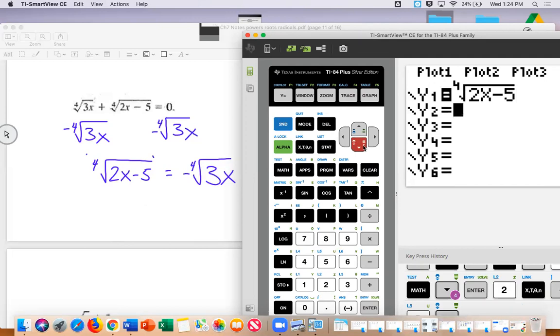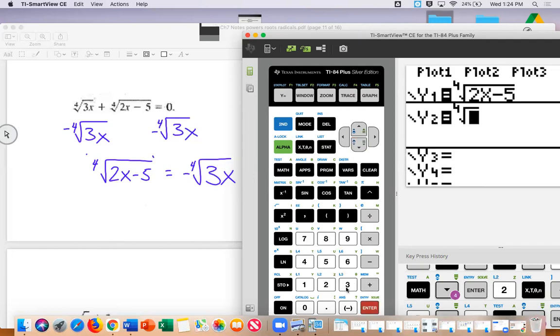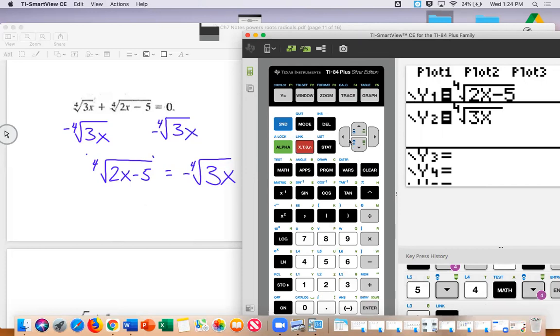This one gave me a lot of prompts to type in. This one, I actually have to type it in kind of weird. So I have to do for math. All right, 3x. And then I have to go all the way back to the front and type in that negative. Now, oh, and do you see how my 2 functions are these 2 functions?